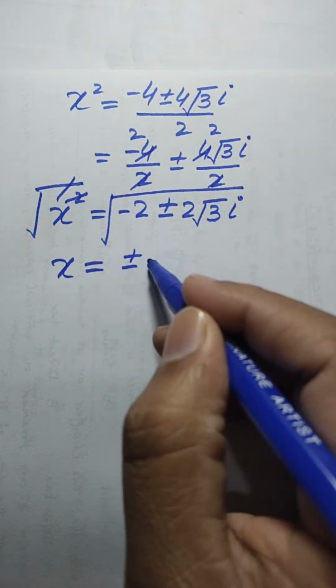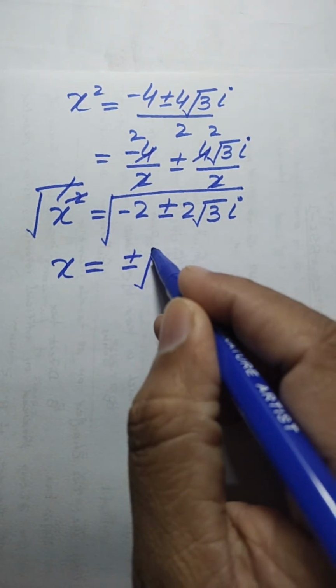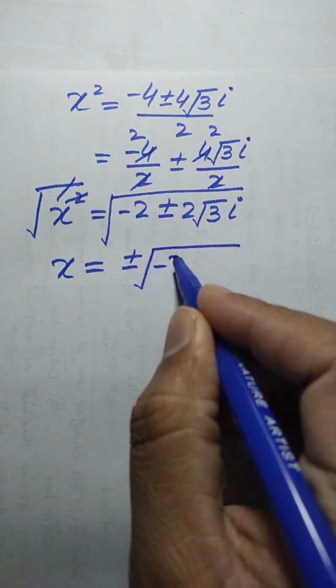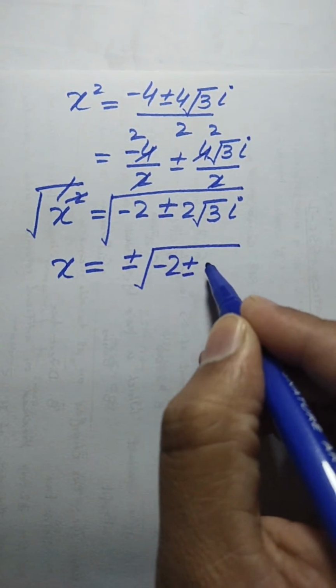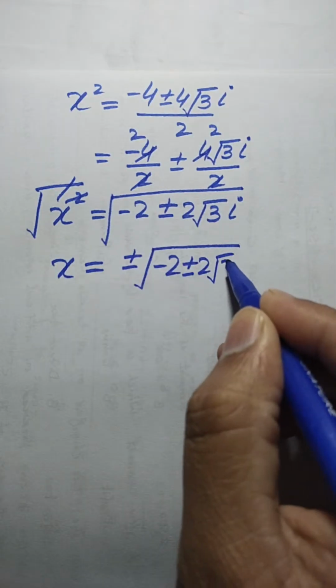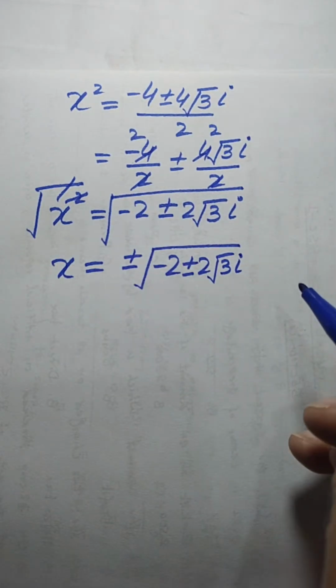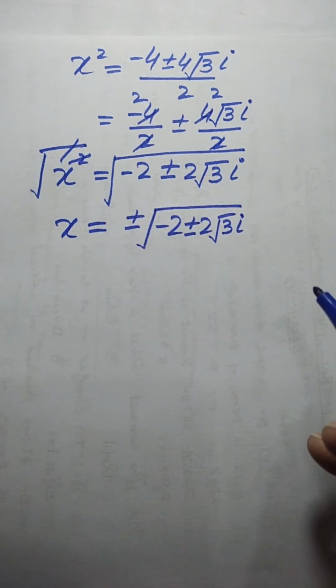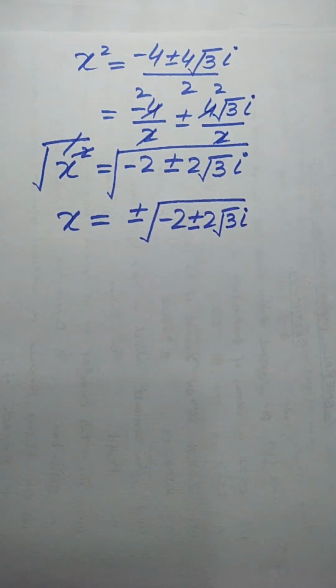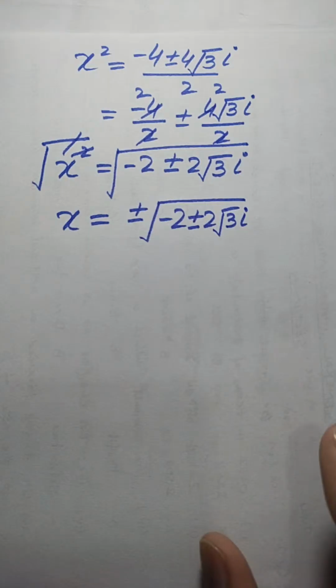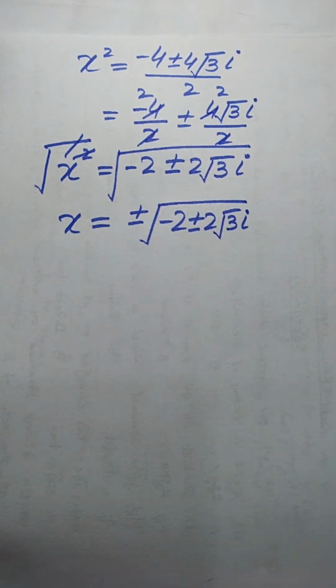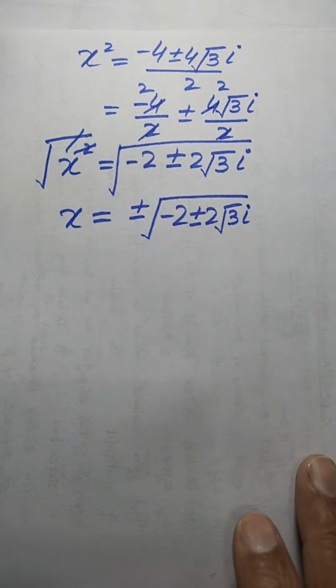So we write here plus minus sign on the right hand side, and this becomes plus minus the square root of minus 2 plus minus 2 times square root of 3 into iota. Because our given equation is a sixth order equation, at the last we write all the 6 roots of the given equation.